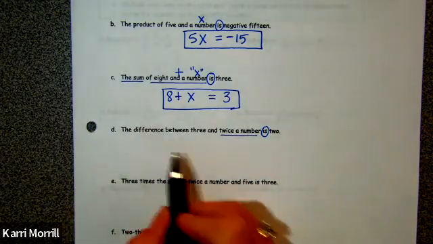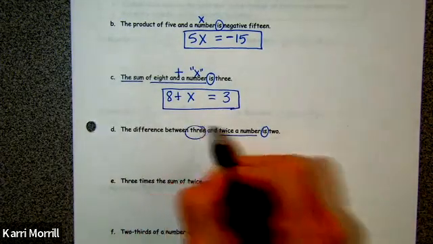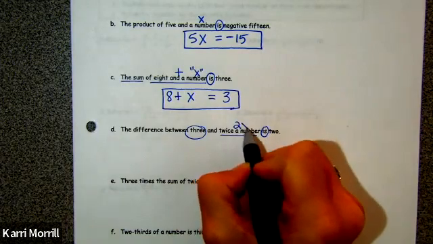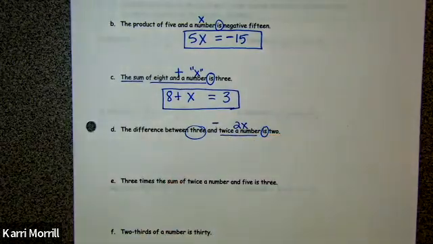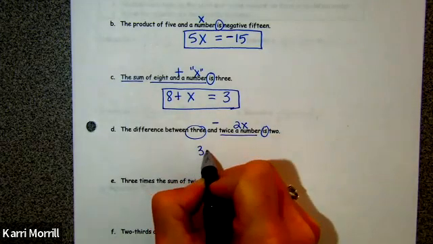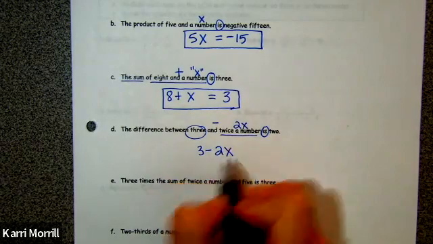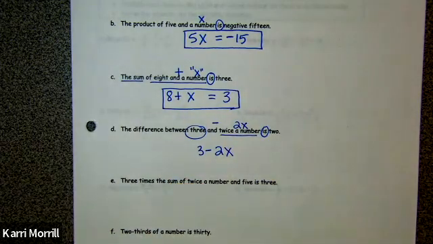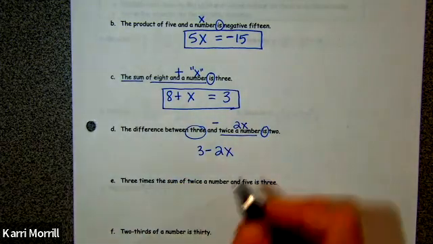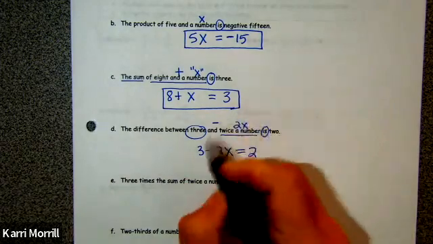But it's saying the difference between 3 and whatever twice a number is, right? See how I kind of sketch it above? It kind of helps me pull it apart. So I have 3 minus 2 of those X's. Remember, number means the letter X. Equal sign 2.